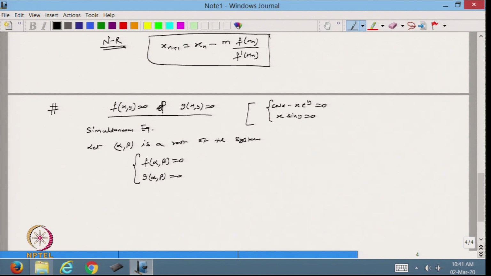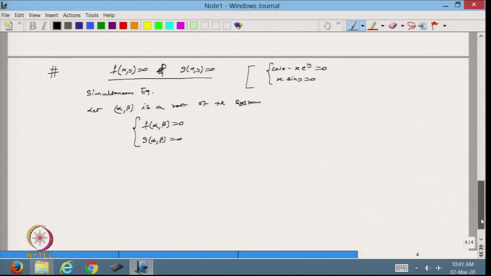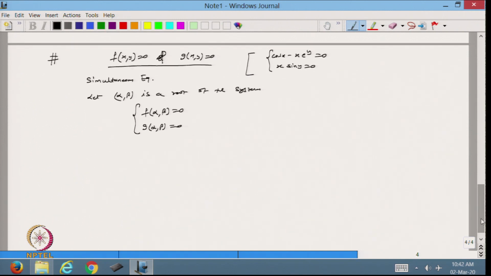So, this is the value of the system at alpha, beta, where alpha, beta is the root of the system. Then, how can we apply the Newton-Raphson method for a system of equations?